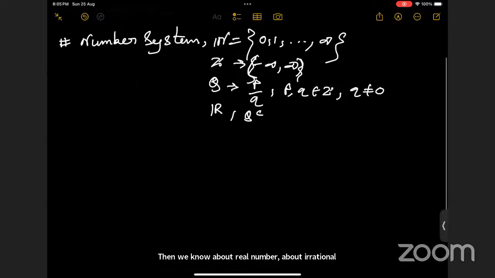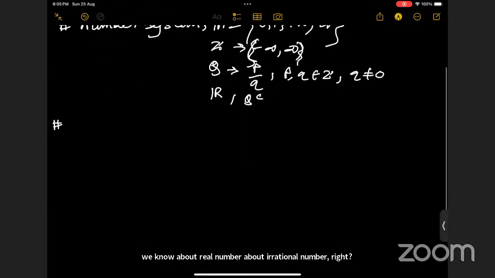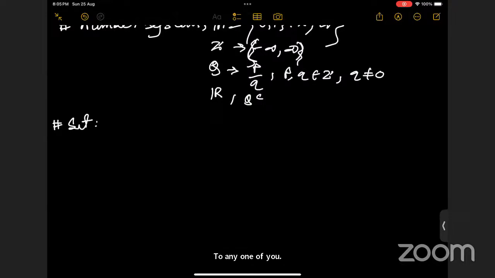After that, we defined what a set is. Can any one of you tell me the definition of a set? It's a well-defined collection of objects. The word well-defined is important here.